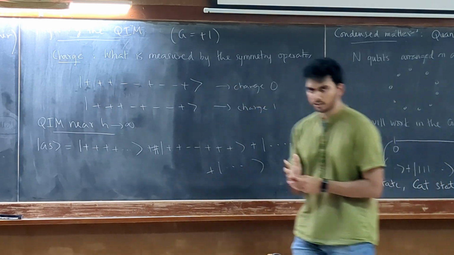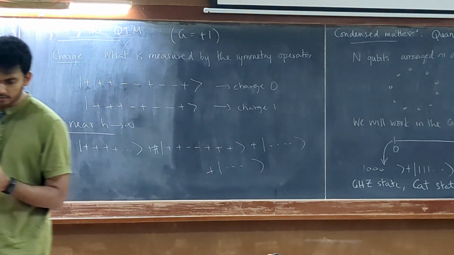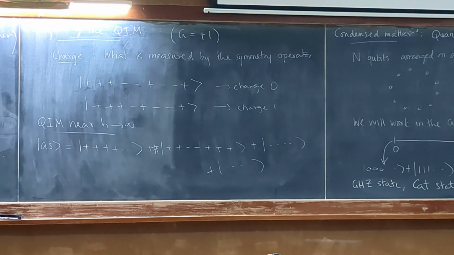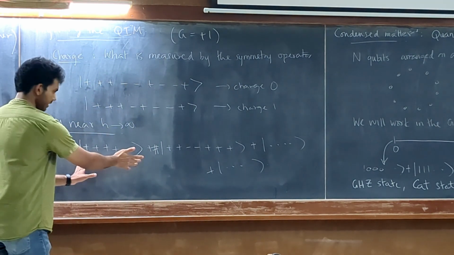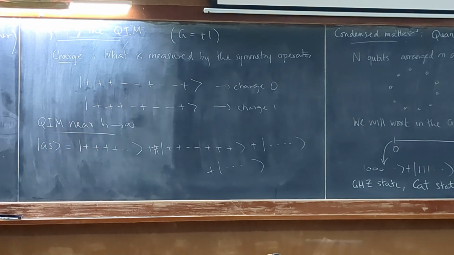So do you get the idea? The ground state at h slightly away from infinity will not be simply this thing. It will be slightly perturbed away by the Z_i Z_{i+1} operator, which tries to create pairs of spin flips in the x basis. Is that clear? Okay.